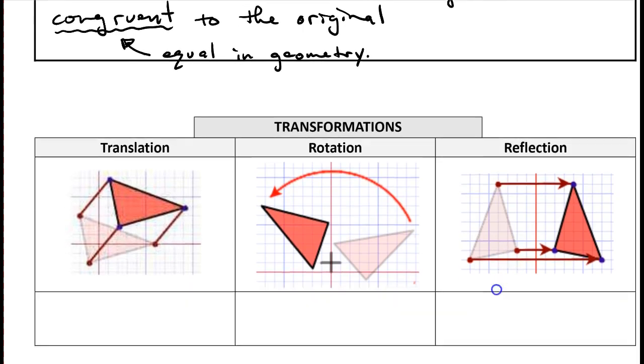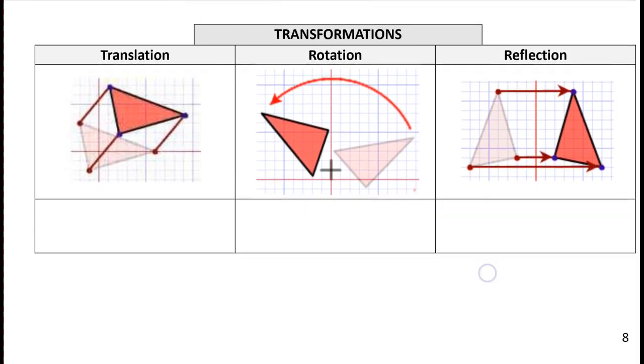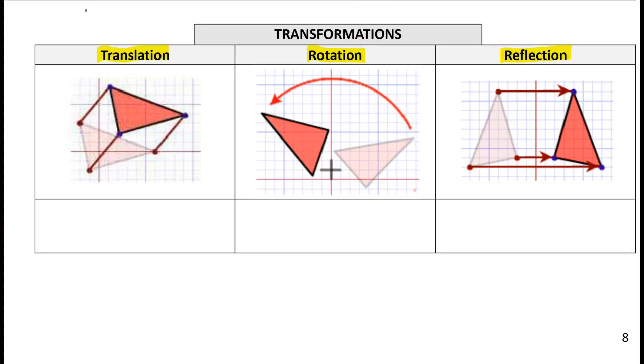All right, so here are three types of transformations. We have number one, a translation. We have number two, a rotation. And number three, a reflection. Okay, and this can get a little bit confusing if you think about what we have previously done in Chapter 0.